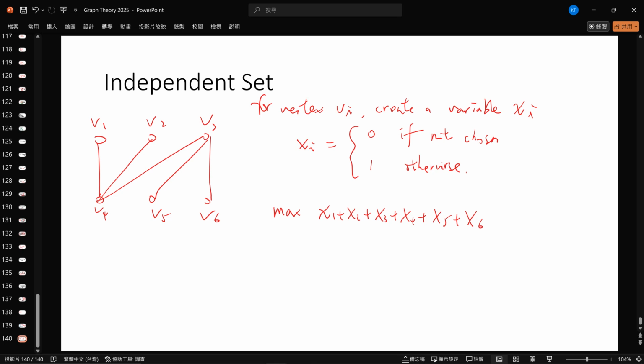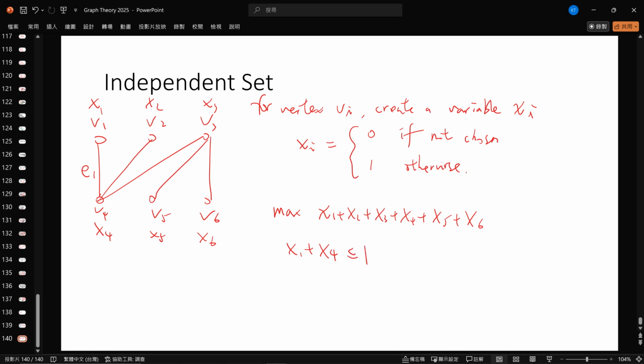So this time we have these variables. For example, let's consider edge E1. In an independent set, between V1 and V4, we can choose at most one. So we can write this as x1 plus x4 is at most 1.